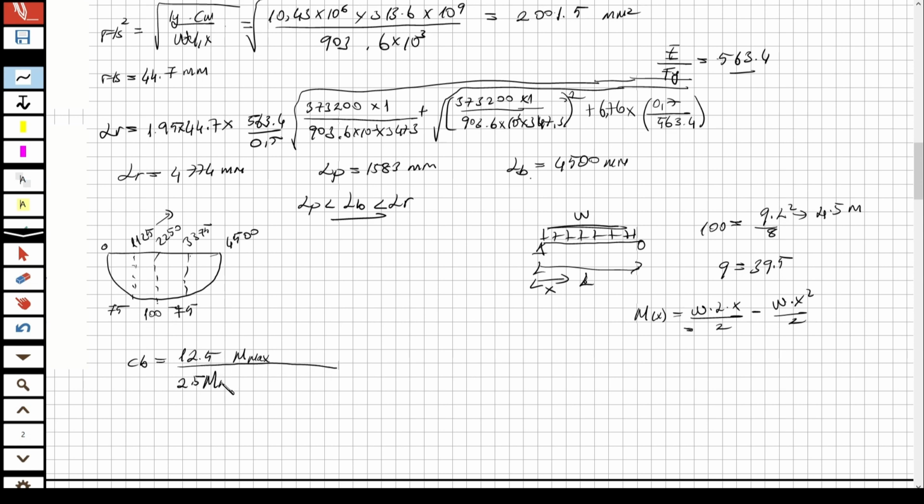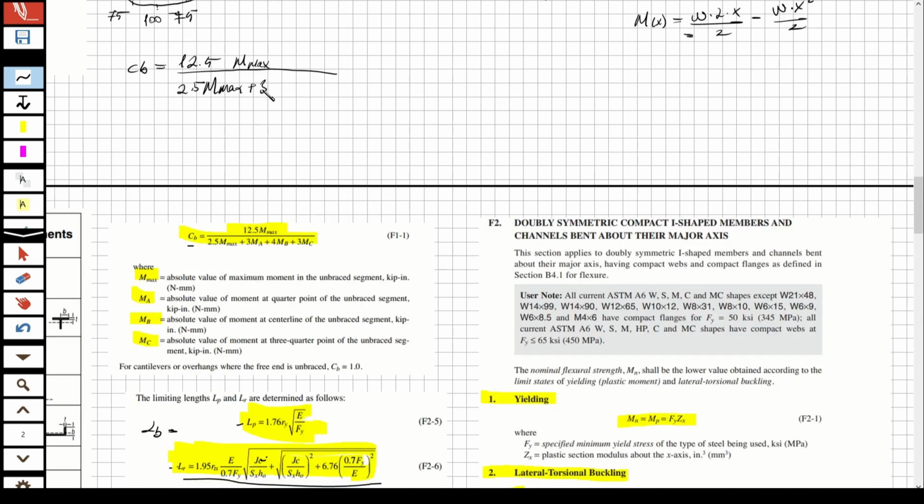2.5 multiplied by the maximum moment, plus 3 multiplied by MA, plus 4 multiplied by MB, plus 3 multiplied by MC. From here, 12.5 multiplied by 100, because the maximum moment here is 100.